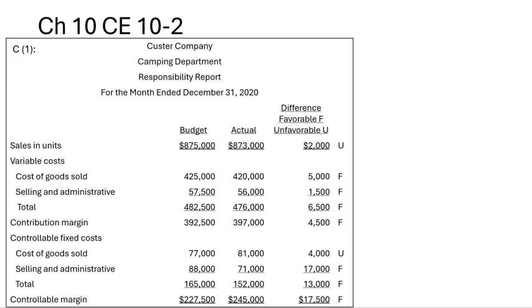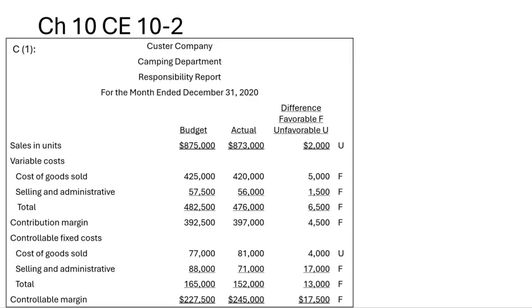$227,500. Our actuals, we didn't quite sell the full amount, so we were $2,000 unfavorable. Cost of goods sold and selling administrative variable costs came in at a total of $476,000, which was favorable to budget by $6,500. So our contribution margin is favorable, $4,500. And our controllable fixed costs, cost of goods sold was unfavorable, $4,000, but our selling administrative was favorable, $17,000.